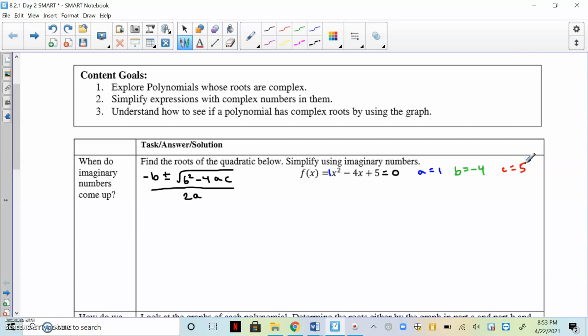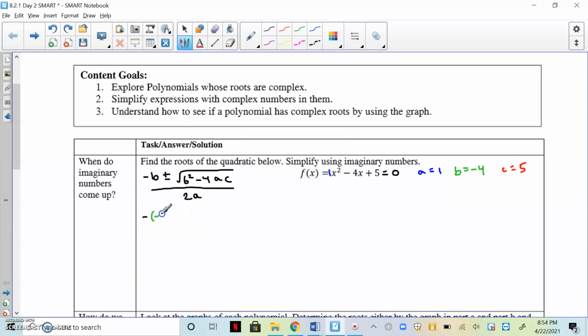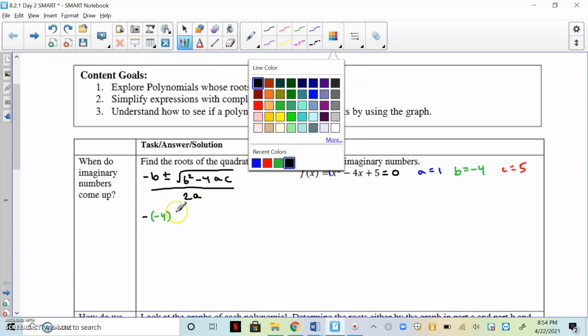Alright, so now that we have selected my a, b, and c, I can go ahead and plug those into my formula wherever I see fit. So we have a b right over there, so I will go ahead and write my negative 4 in, trying to keep this color coded.